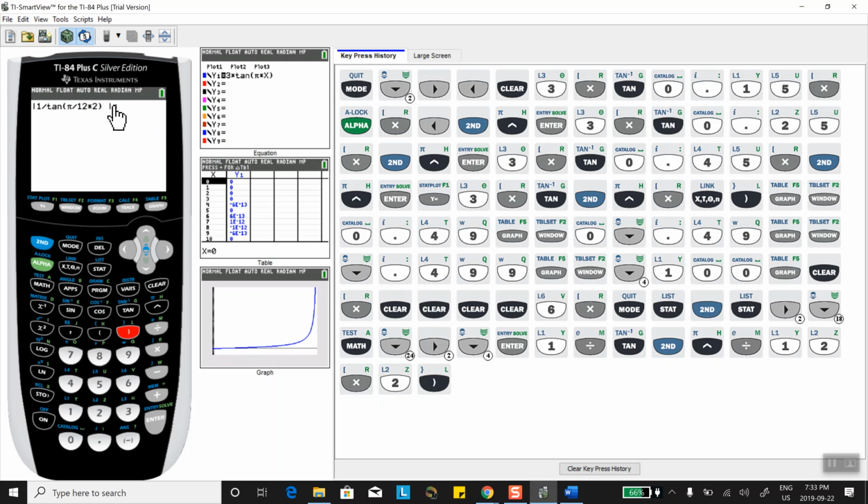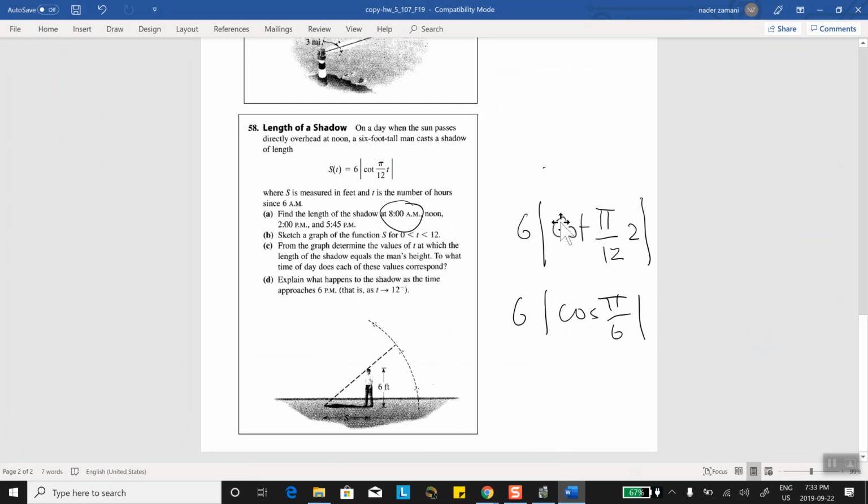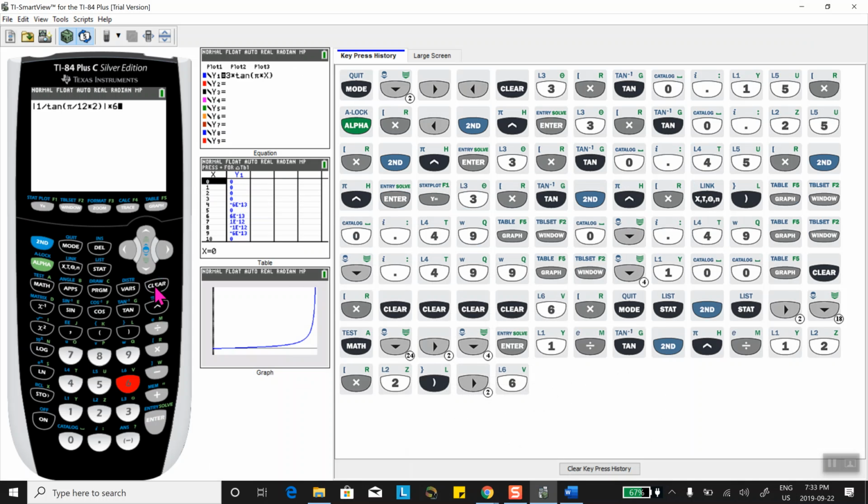Okay, and then we need multiplied by 6, right? 6 times absolute value of cotangent of pi over 12 times 2, except that I couldn't find the cotangent. Well, I know cotangent is 1 over tangent, so that's one way to get around it. So hit return. It's that number. The guy's shadow is 10.392.